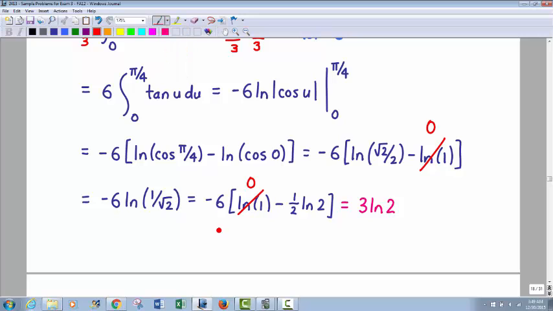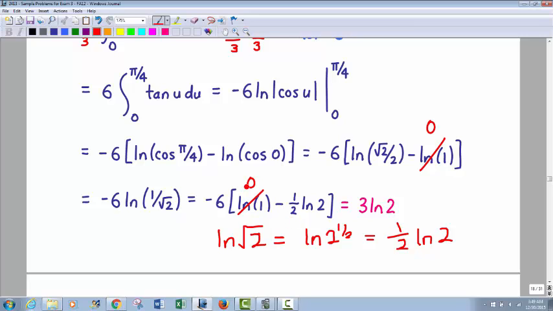I'll kind of freehand this here. ln of root 2 is the same thing as ln of 2 to the 1/2, which then allows that 1/2 to come down like that. And that's what I have written there. That's this part right here. So that's where that comes from.